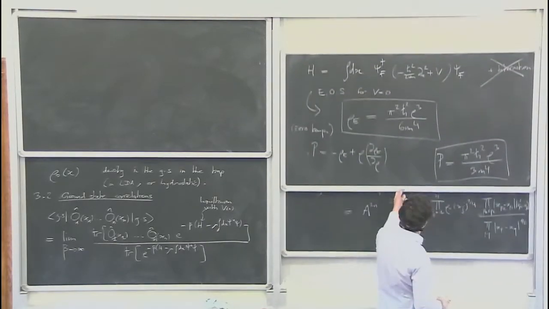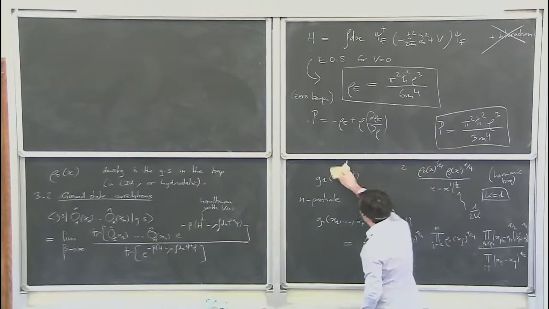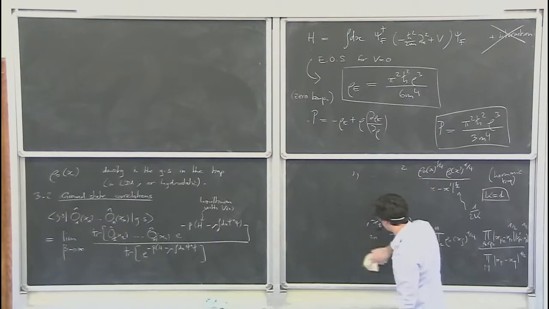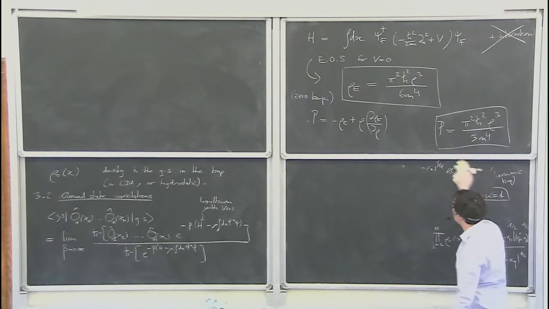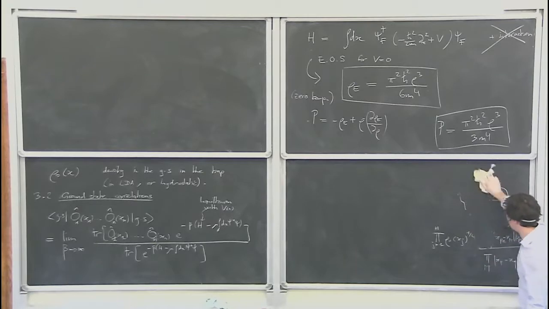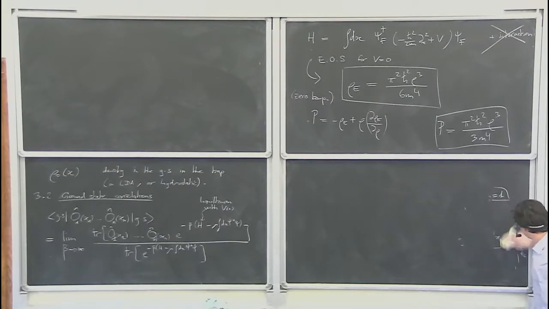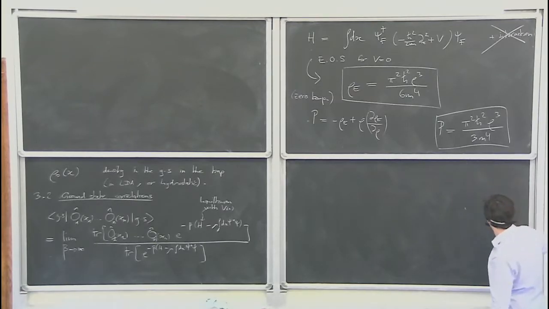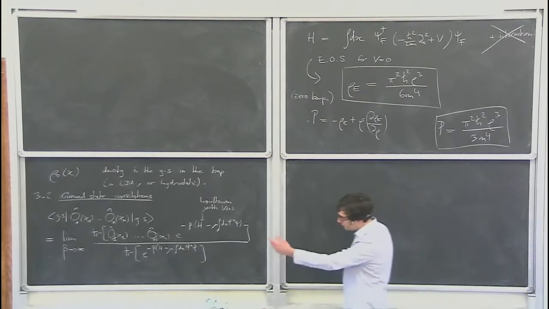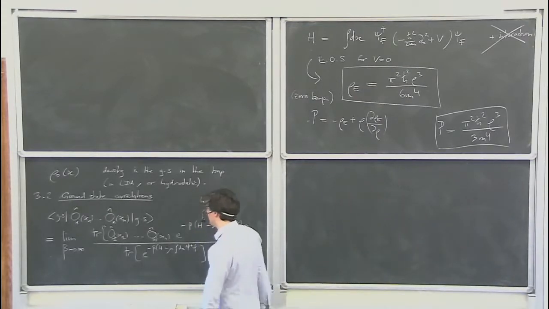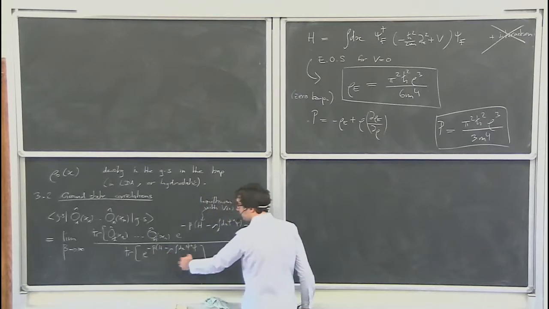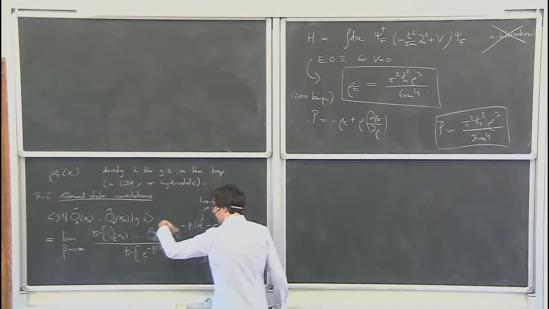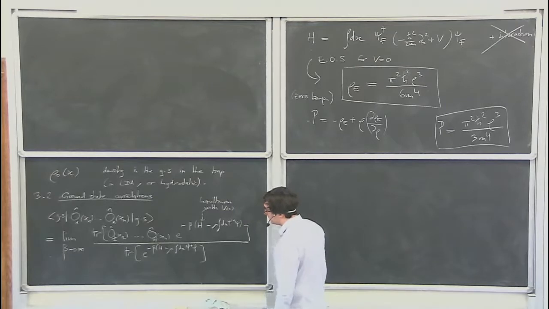Let me erase this. So is this clear to everybody, or should I explain this? So why is this true? Because this state here is the ground state of H with some chemical potential, so that I'm correctly adjusting the number of particles.